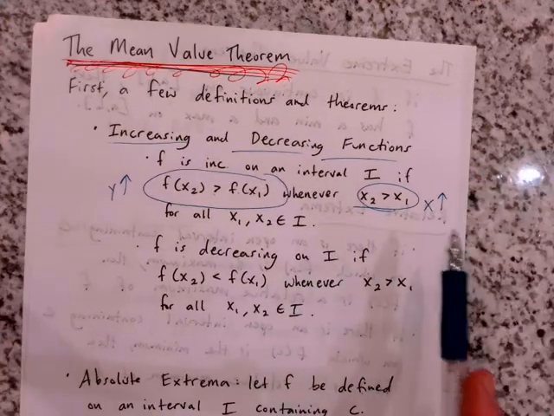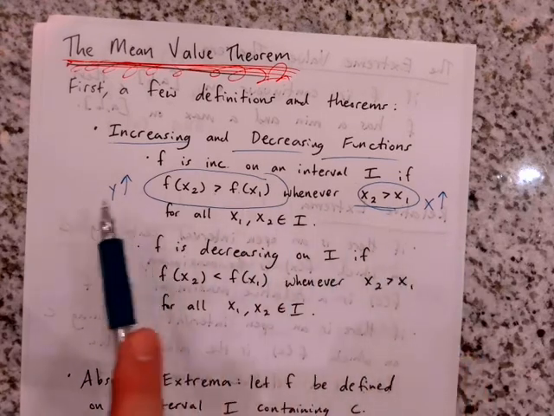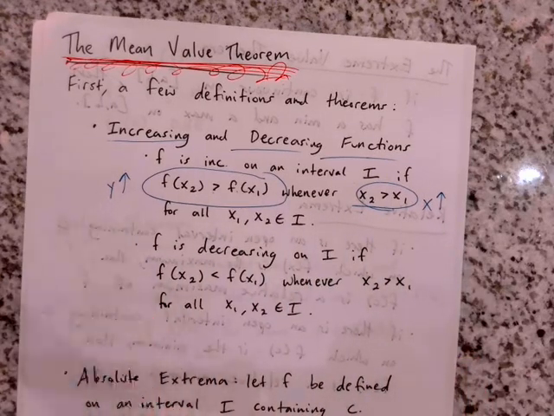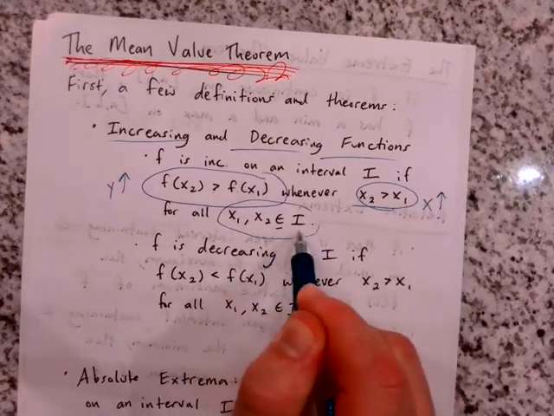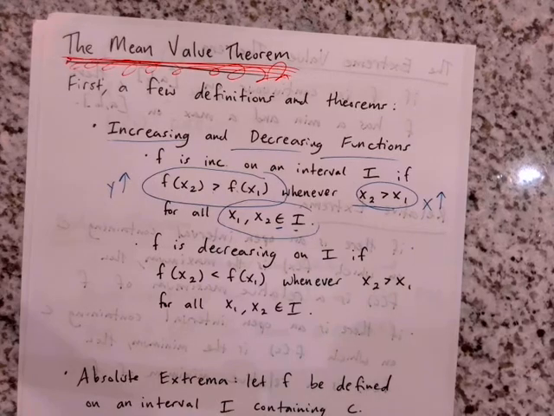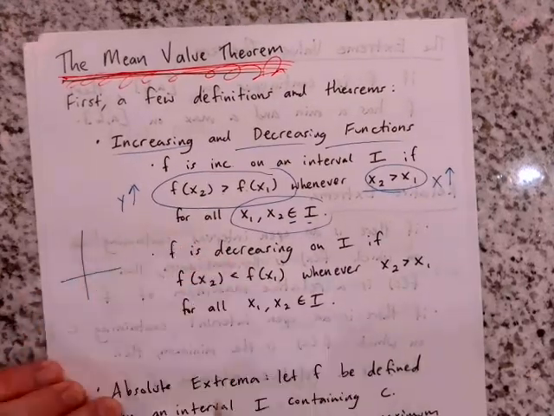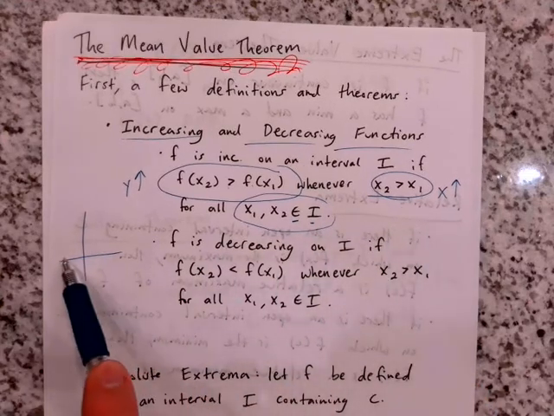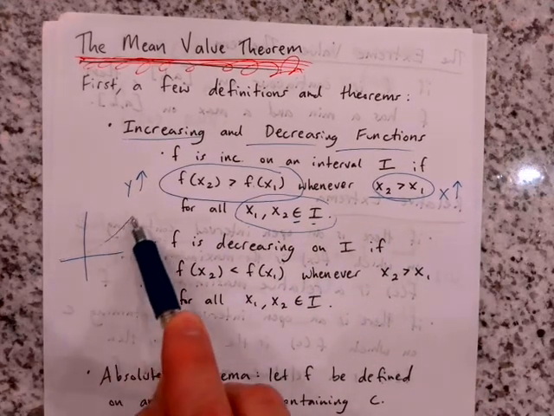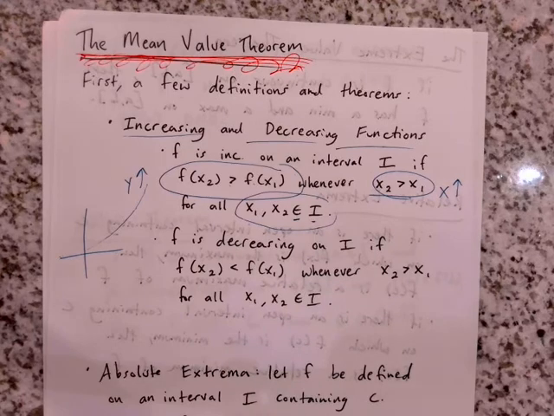So if the x values get bigger and the y values get bigger at the same time, your function is increasing. This is true for all x values inside of the interval. If you just sketch a graph out, since we read graphs from left to right, as x gets bigger, it means you're going this way, and the y value is also getting bigger. Your graph's got to go up.